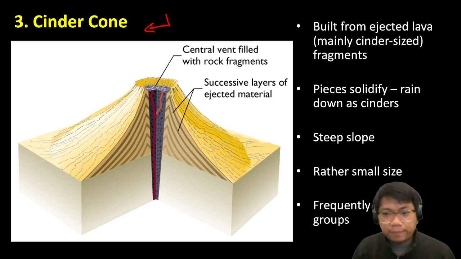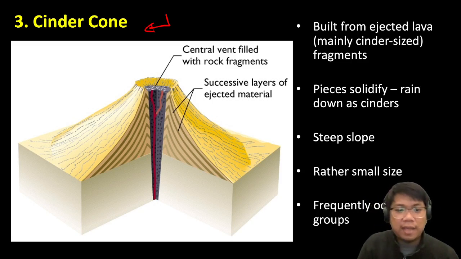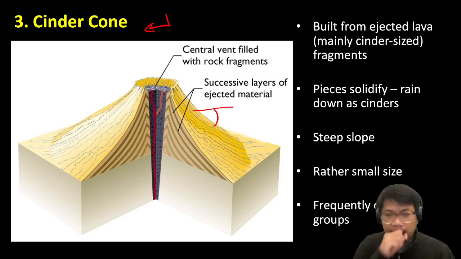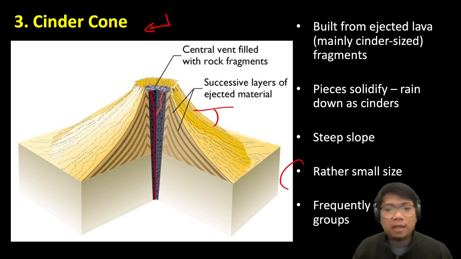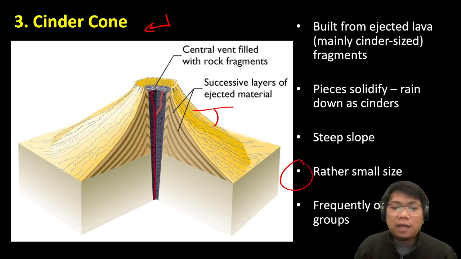And typically, cinder cone has a steep slope, and in terms of its size, it is much smaller than stratovolcano and composite volcano, and way smaller than shield volcanoes. Okay, so these are very small volcanoes, and they frequently occur in groups.